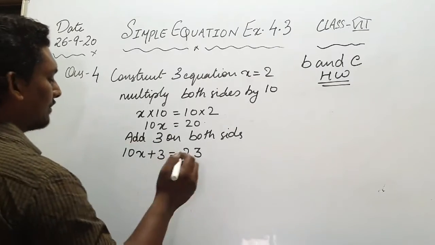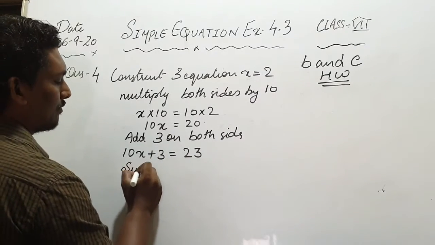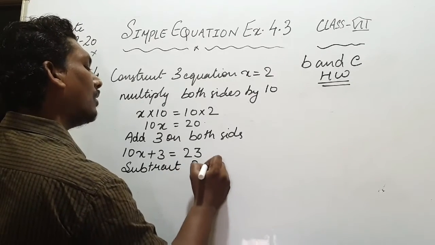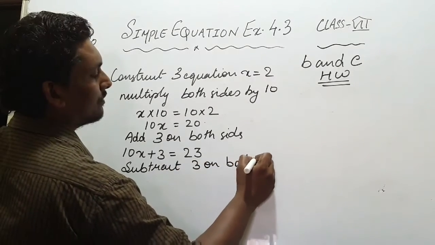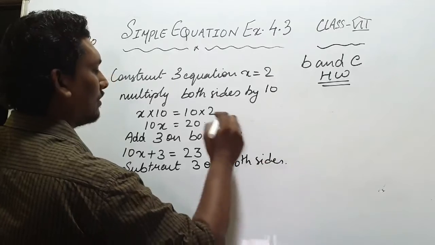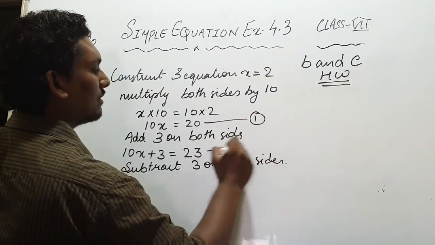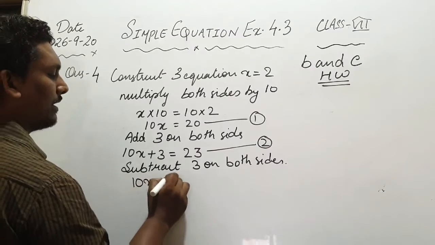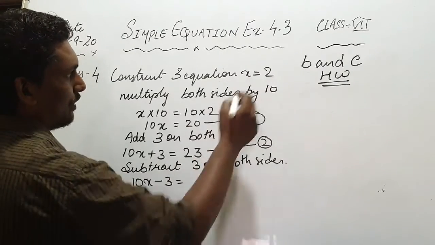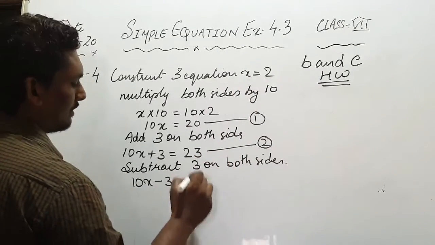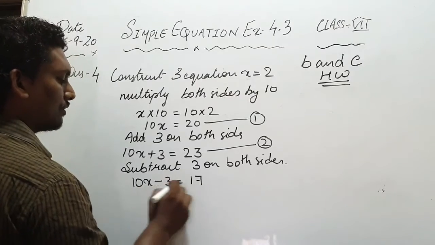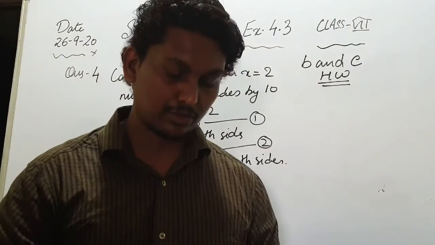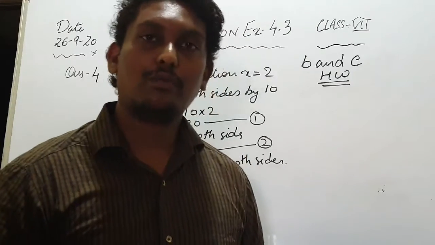Now we can subtract 3 on both sides. So this is the first equation, this is the second equation. 10x minus 3 is equal to 20 minus 3, that is 17. This is our third equation. In this way we have to make equations. The next question, part B, is homework for you.